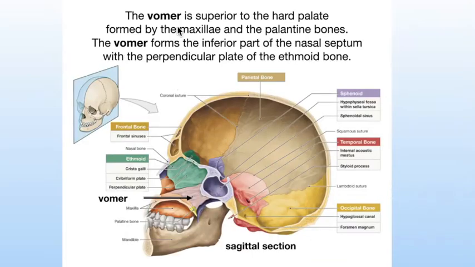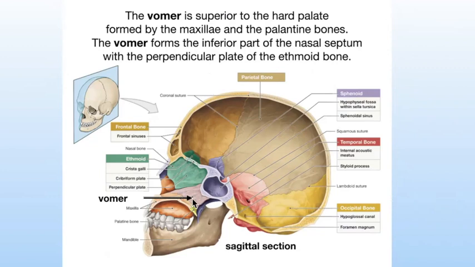Okay, so what about that vomer bone? The vomer bone is superior to the hard palate here, and here's another view, perhaps easier to see, of the hard palate, partly formed by the maxillae in the anterior, let's say 3/4, and formed by the palatine bone. Okay, and the vomer is superior to the hard palate, and it forms the inferior part of the nasal septum with the perpendicular plate of the ethmoid bone.